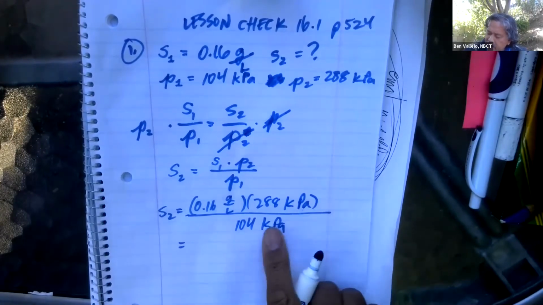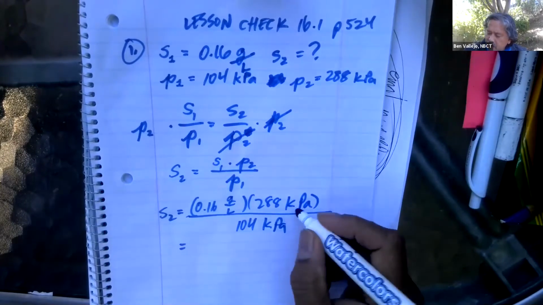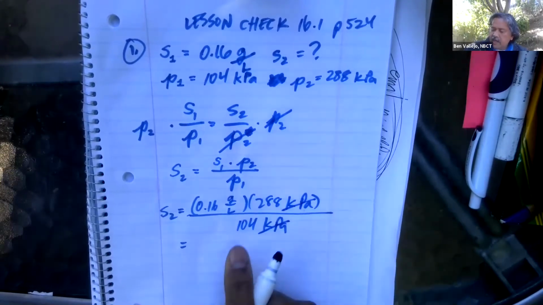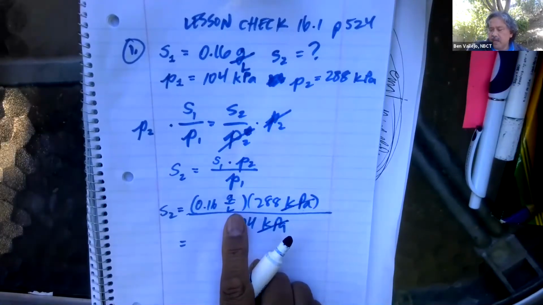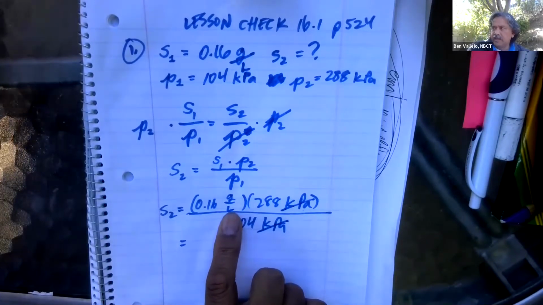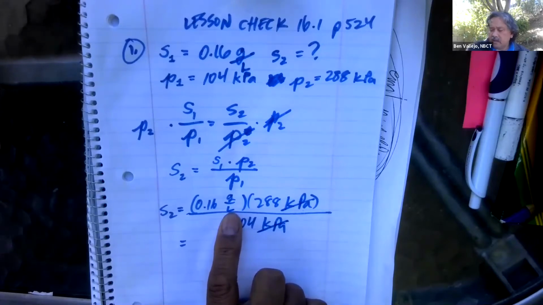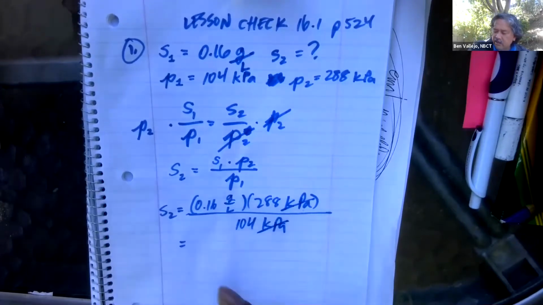The kilopascals are going to cancel each other because you have one on the top and you have one on the bottom. So you're going to cancel those out. And then you're left with g over L, which is a solubility. How many grams of something will dissolve in a liter of something else, usually water? So this is a unit which has to do with solubility.